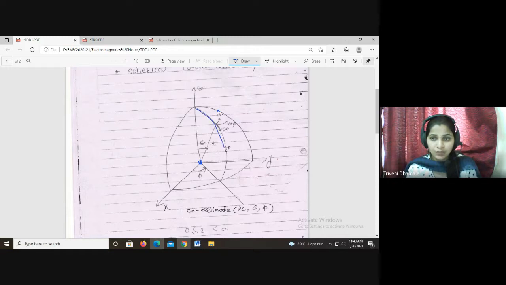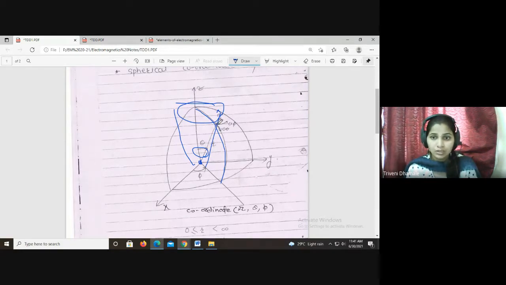On this surface, now the second coordinate is theta. Theta is the elevation angle, that is the vertical angle. So the angle measured from the z axis up to the radius is theta. And the limit for this theta, that means the cone cutting this sphere, is up to 180 degrees only, so 0 to pi.